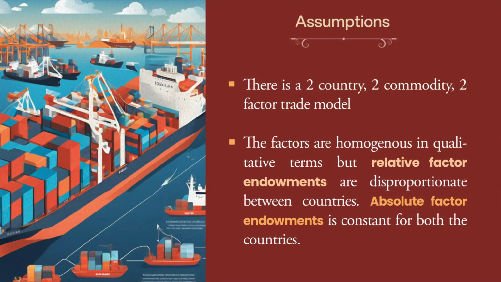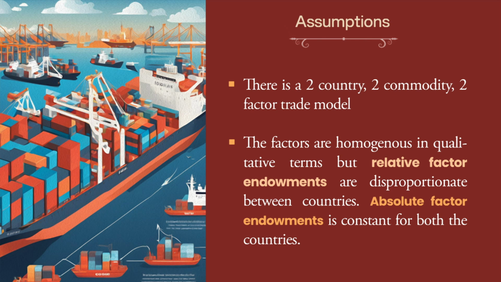The theory further assumes that the factors of production, that is labor and capital, are homogeneous in qualitative terms between the countries, but the relative factor endowments are disproportionate between countries.